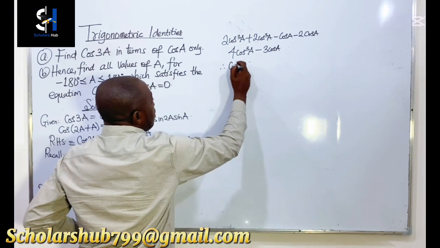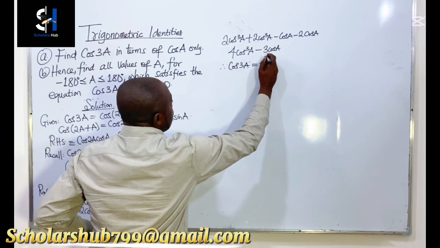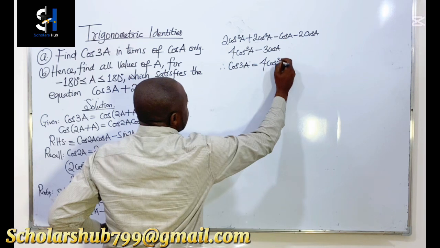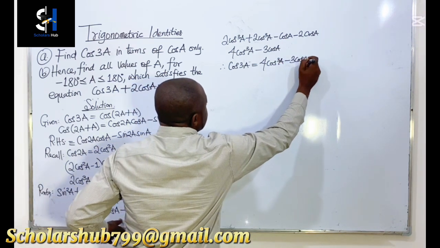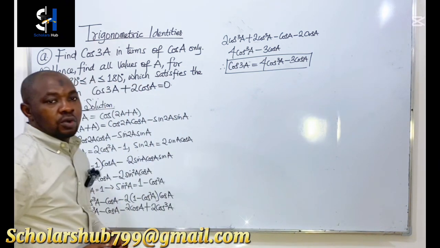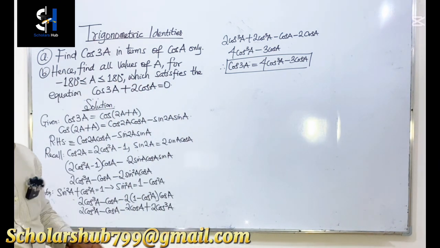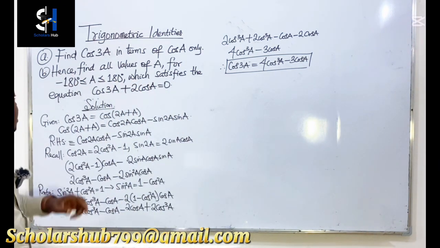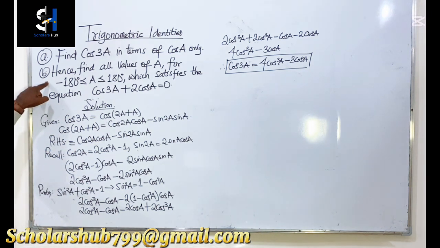So therefore, cos3A is equal to 4 cos³A minus 3 cosA. So this is the identity for cos3A in terms of cosA.